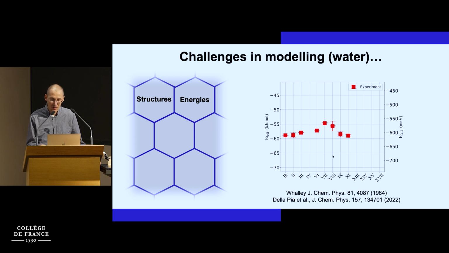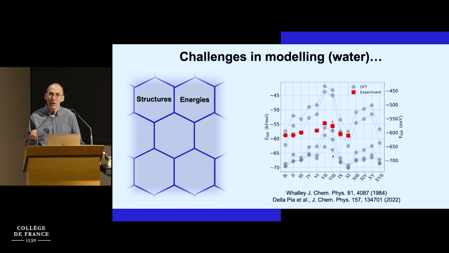If you then ask, well, how does an electronic structure method do at computing the relative energies of these ice polymorphs, then you can pick up density functional theory. So the most widely used electronic structure method for simulations in the condensed phase.